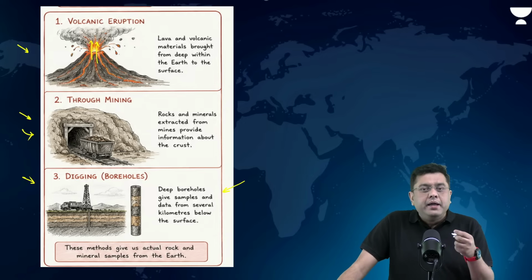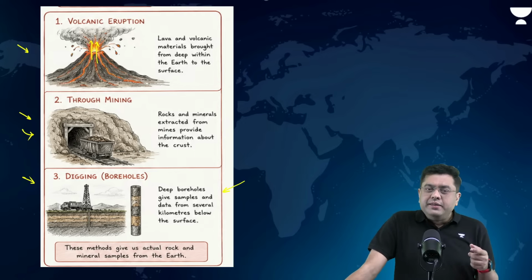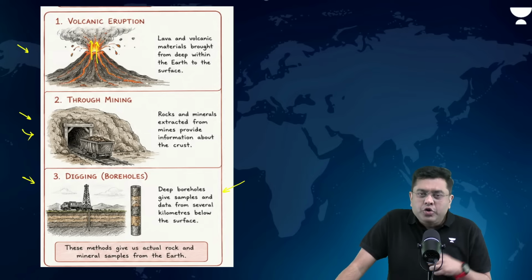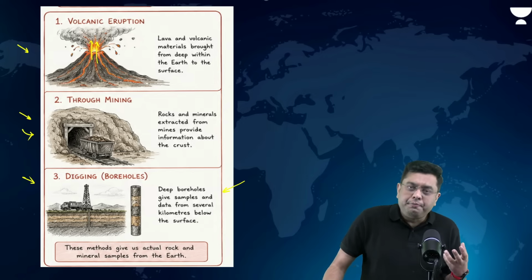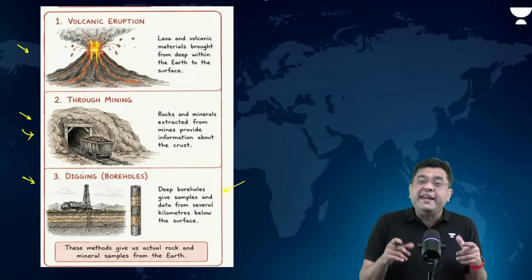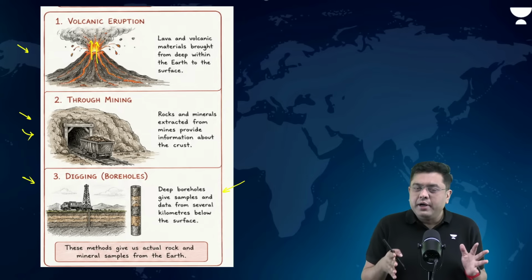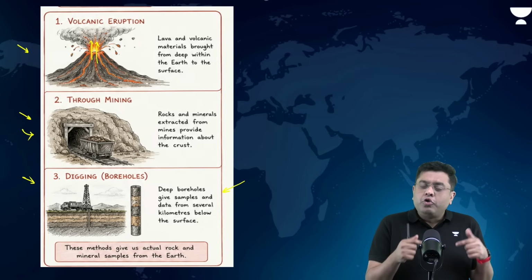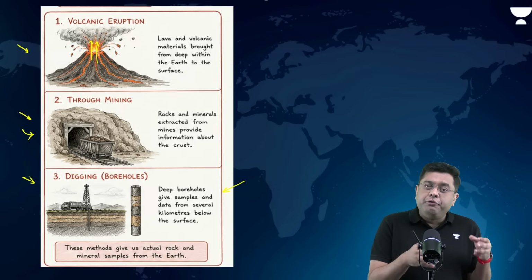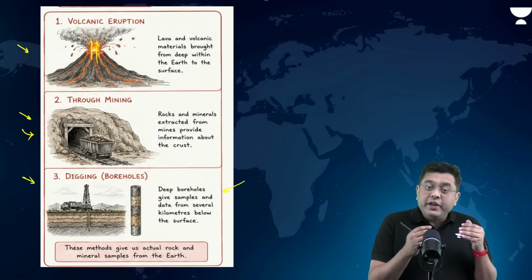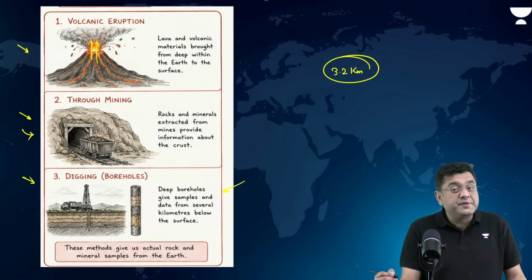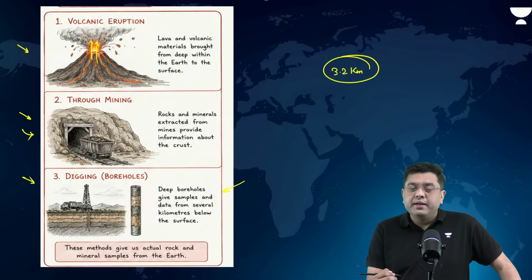Now, through mining, the deepest mine which was dug, for example, in India, you would have heard about the gold mining in the KGF. If you have not heard about it, at least you would have seen or heard about the movie, right? So, Kolar Gold Fields would be for gold mining. In the Kolar Gold Fields, we had dug up to 3.2 kilometres, quite substantial, isn't it?